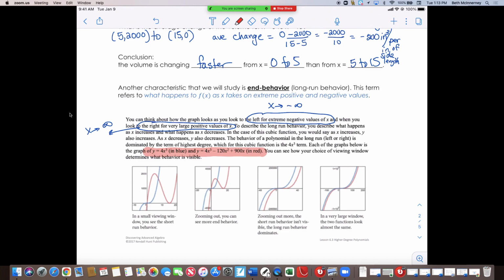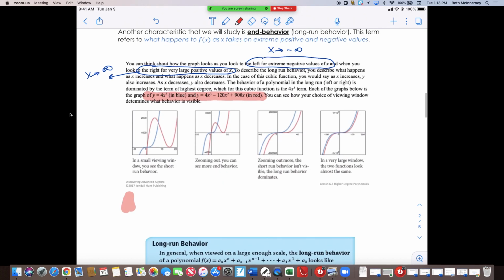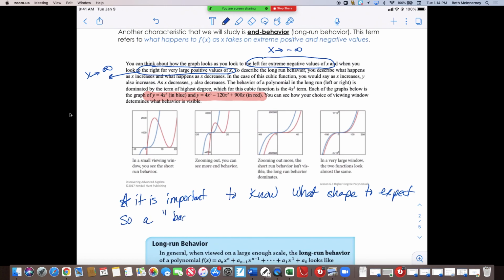So the danger, though, with a graphing calculator, and I want you to write this down: it is important to know what shape to expect, so a bad window doesn't mislead you.